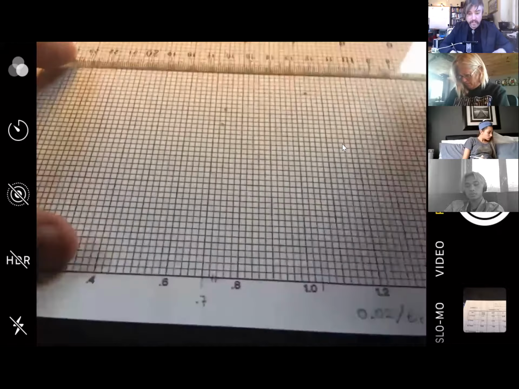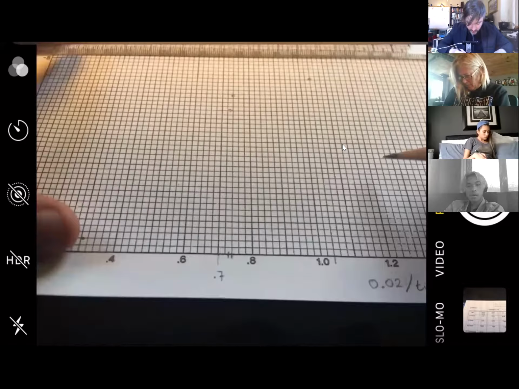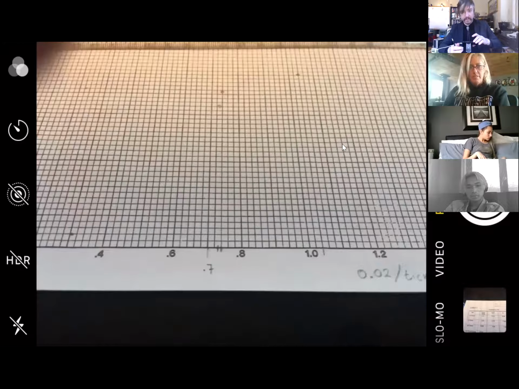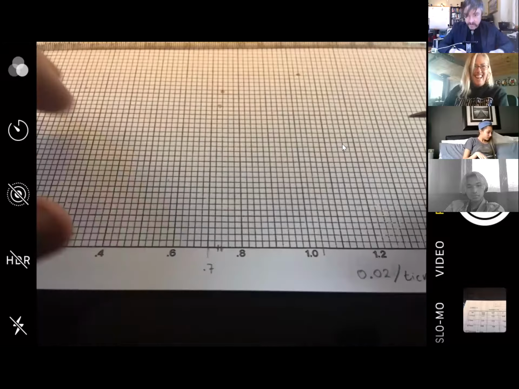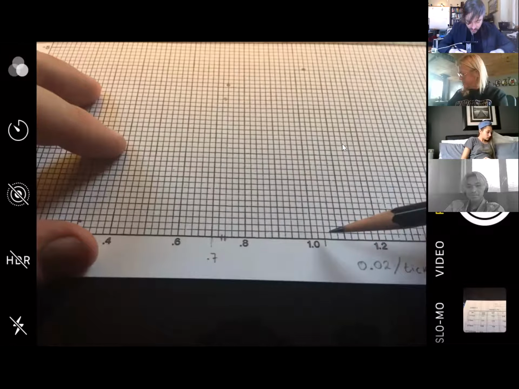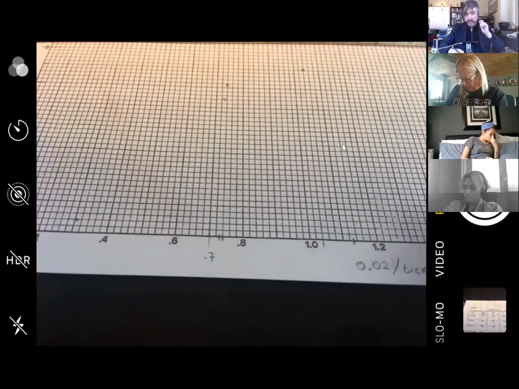Okay. All right, next one up is 1.13. So that's 1. Oh, sorry. That's 1.1. That's 1.12. 1.13 is right there.